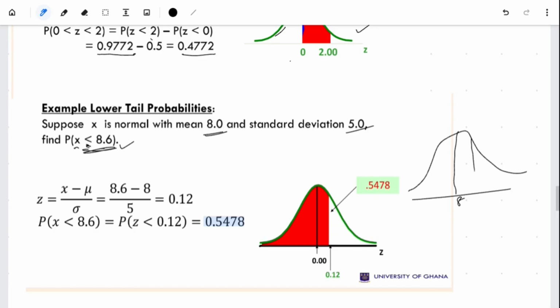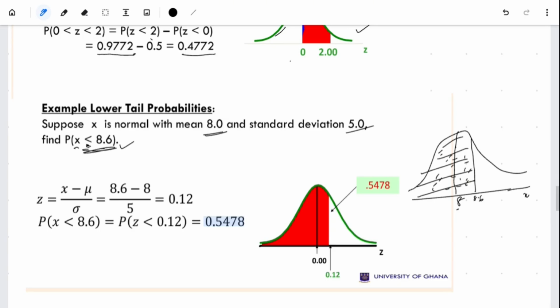So we draw here, because the mean is 8, 8.6 will be here, right? And this is the x. S being less than 8.6 means we are finding the values that are less than 8.6. So all the probability here is less than 8.6. So this is what we are looking for, right?